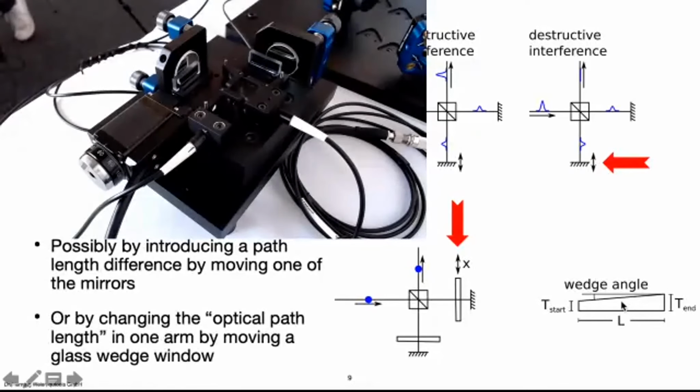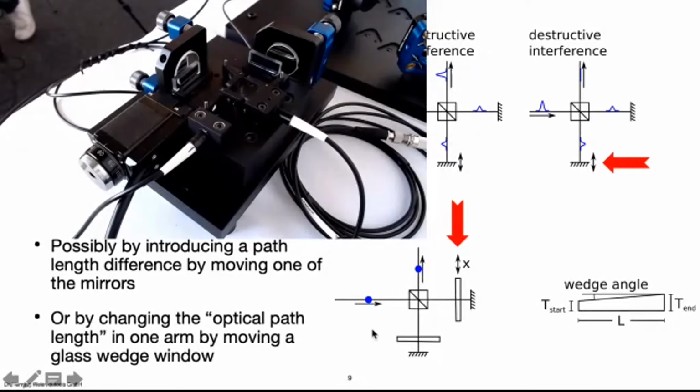And you can see in the lower right-hand corner here that there's a slight wedge of this glass piece. And this is what changes the length in this direction if we move the wedge in this direction. So it's basically just getting through a bit of a thicker or thinner piece of glass, and that changes the relative phase.